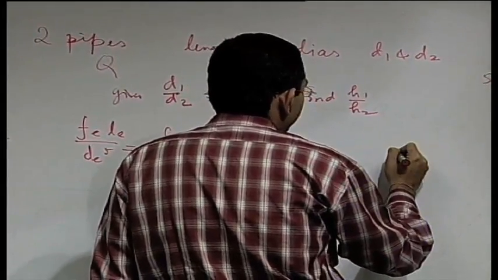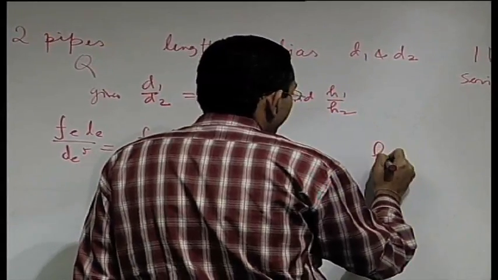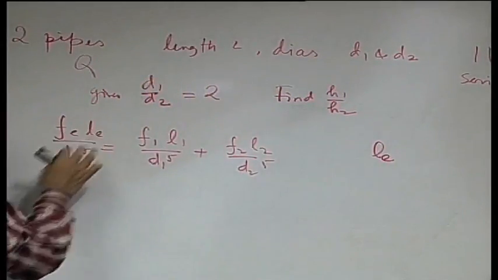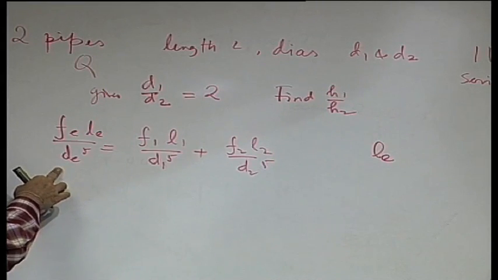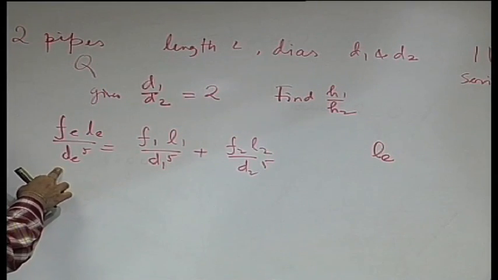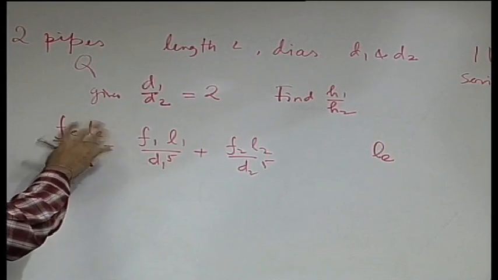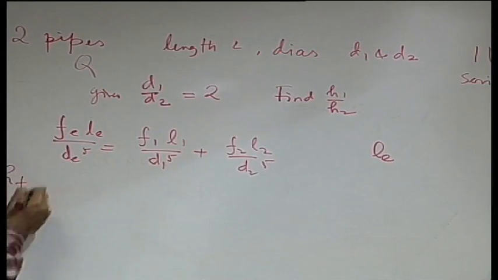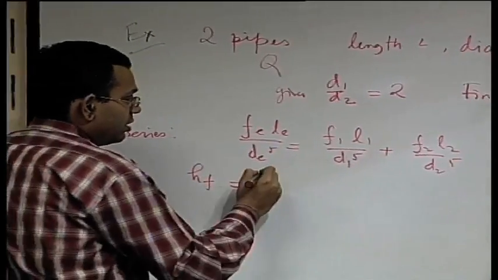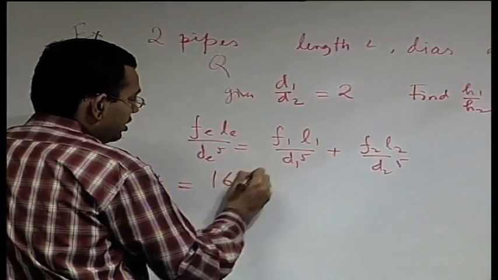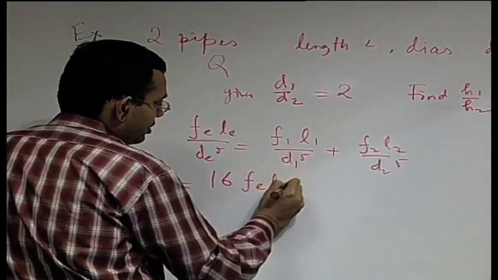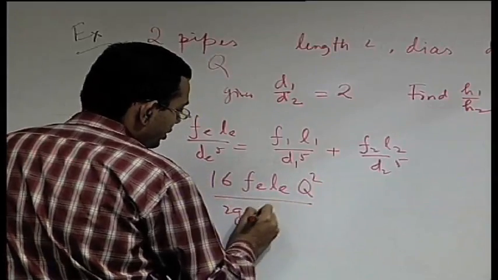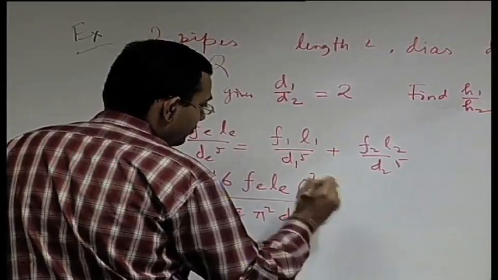Let us consider Le, or in fact if you see, it is Fe Le by d to the power 5 that is going to be solely important for the head loss. So, even if you do not assume any particular value, that will not matter. If you consider the head loss, what is that? 16 Fe Le Q square by 2g pi square d to the power 5.